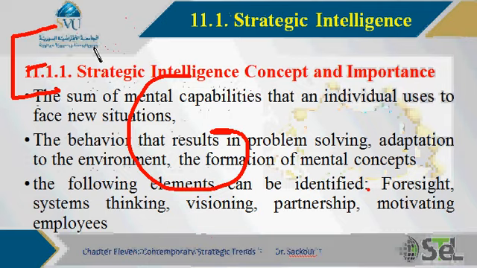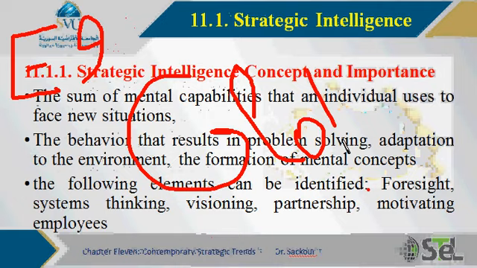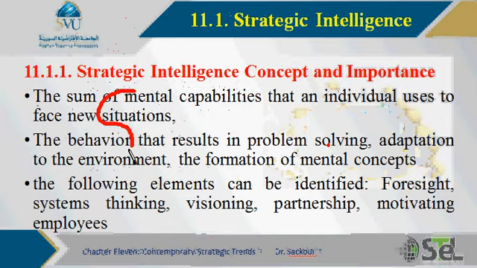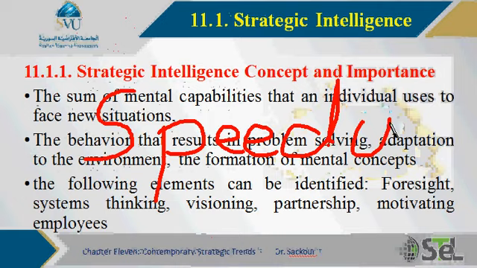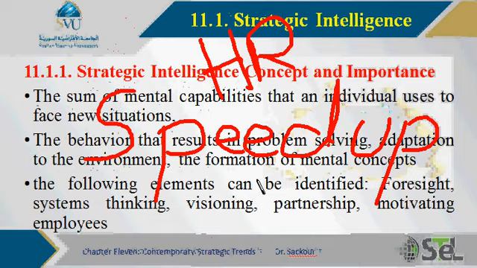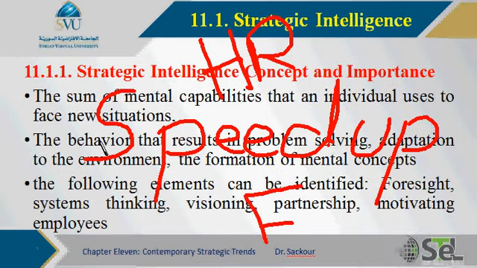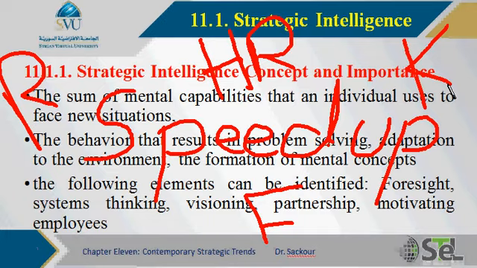In chapter number 9, we talked about globalization, and we said that globalization speeds up the movement worldwide of human resources, financial issues, resources, knowledge, all this stuff across the globe.